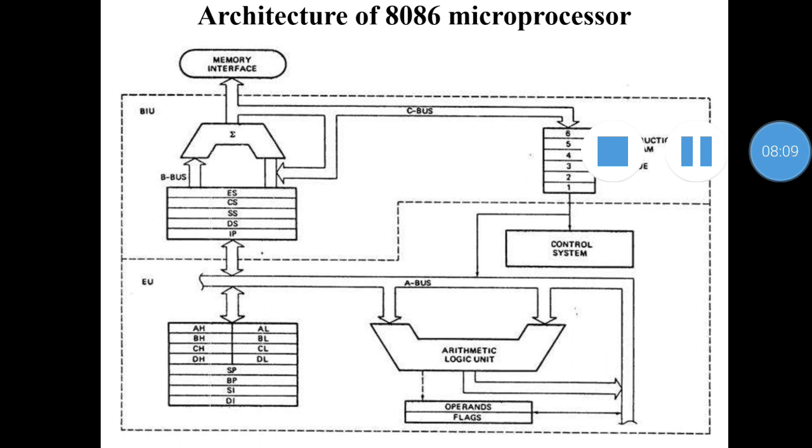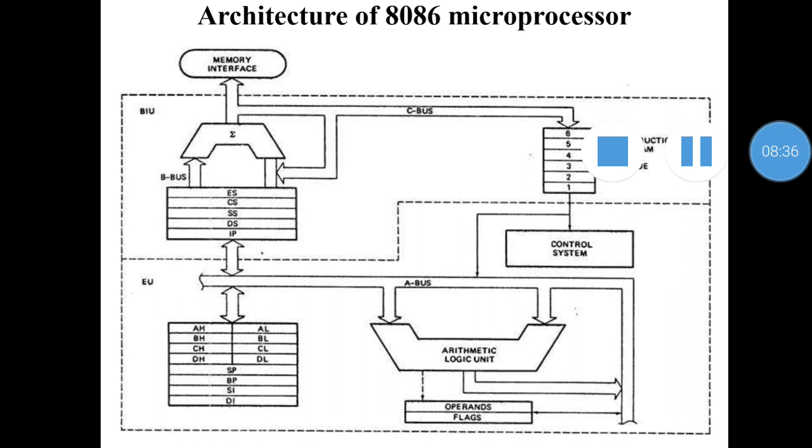Again I will explain. The first function of the bus interface unit is to handle data and transfer it between the processor and memory or IO devices. It computes and sends out the addresses of data. It fetches instruction code and stores it in the queue.